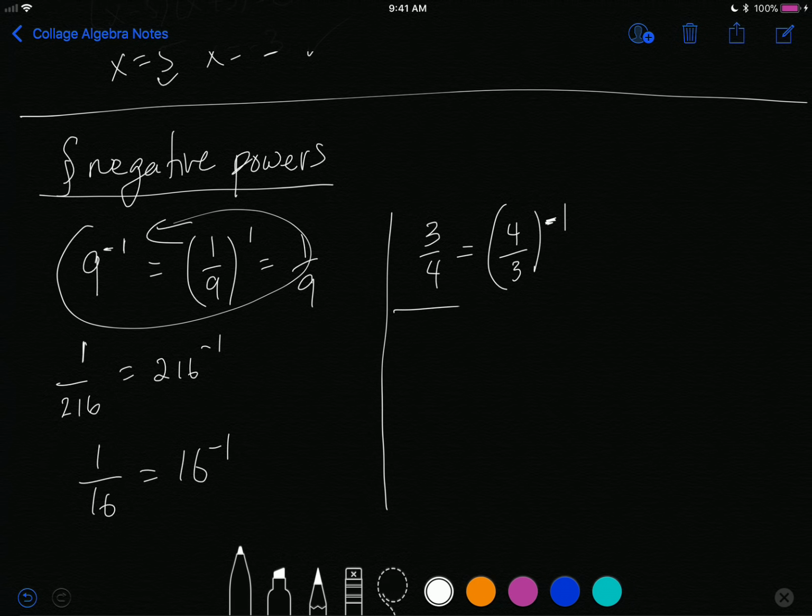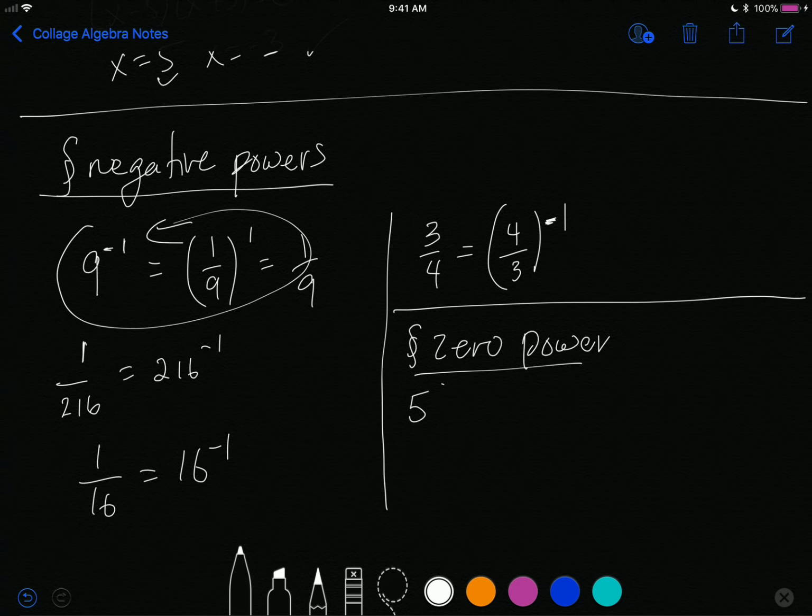Again, something I like to remind people of is the 0 power. The 0 power states that if I take any number and raise it to the 0 power, that is equal to 1. Which is interesting.